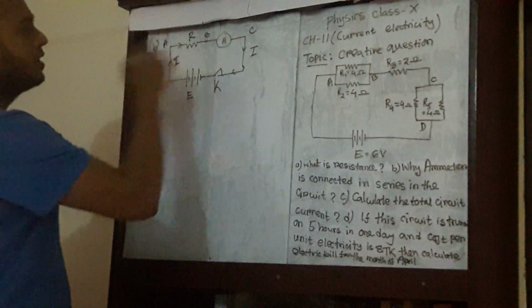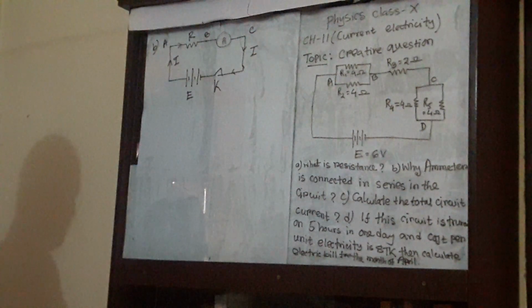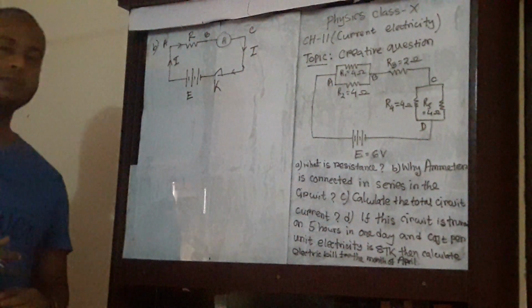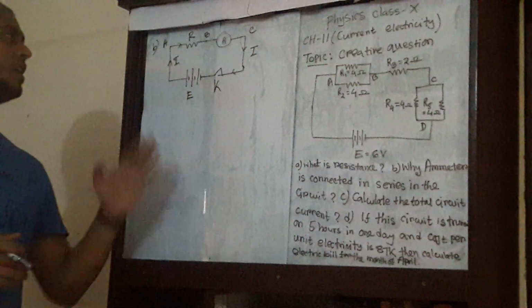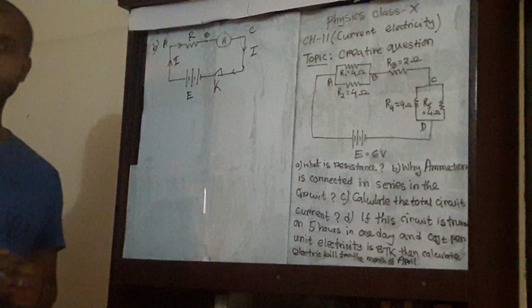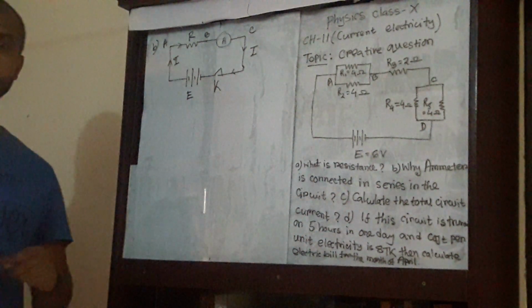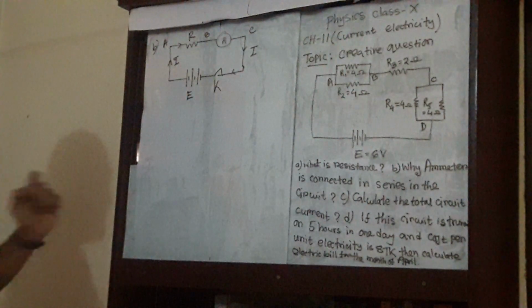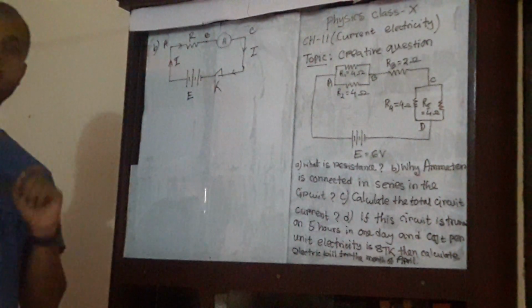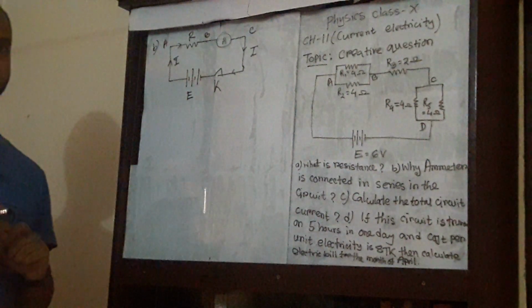Now, to find out the circuit current, an ammeter is used. In short, an ammeter is a kind of device by which we can find out electrical current in the circuit directly in terms of ampere unit.